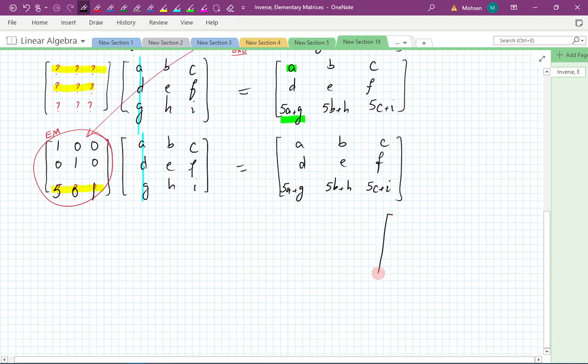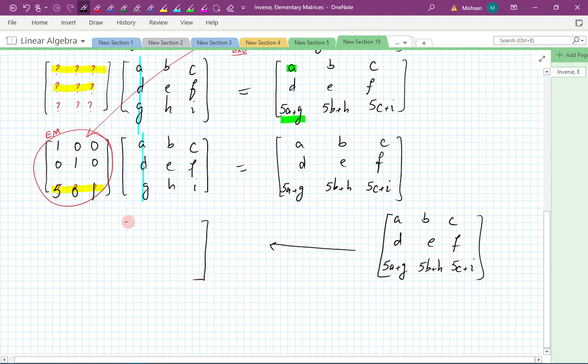Suppose I write this thing a little bit on the right. So A, B, C, D, E, F, 5a plus G, 5b plus H, 5c plus I. What operation is going to undo all that damage and take me back to where I was at the beginning? Well, of course, I want to multiply the first row by what again?